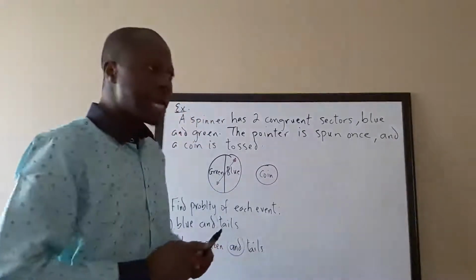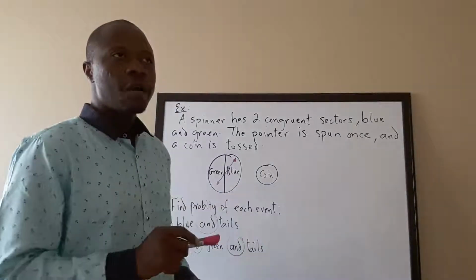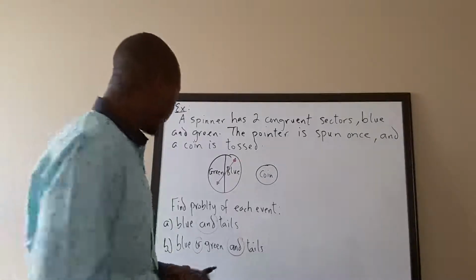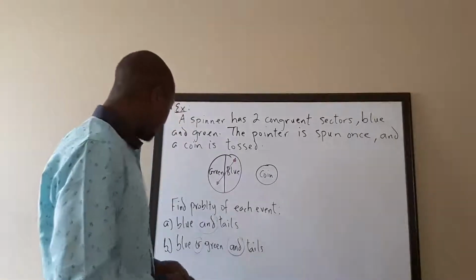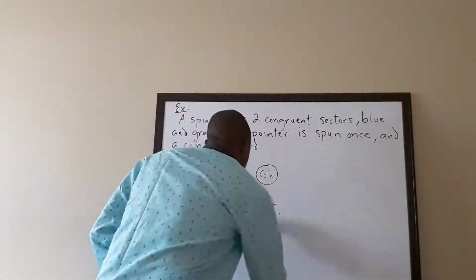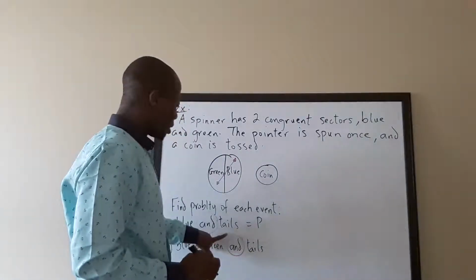Now remember, we said when you use or, you go with plus. When you use and, you go with times or multiply. So let's see. The probability of getting blue, so this is going to be P of blue and tail.